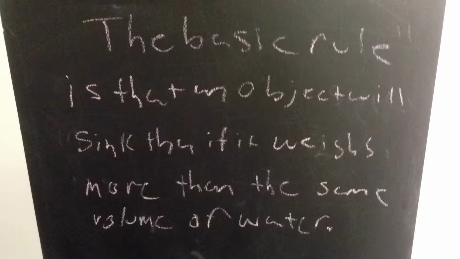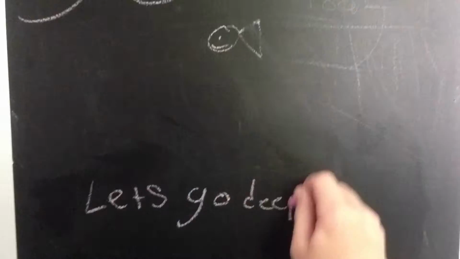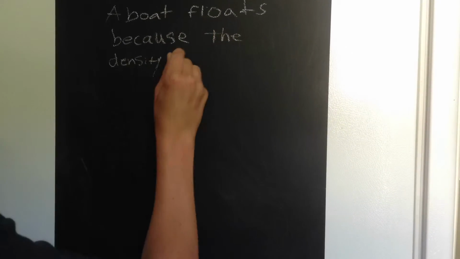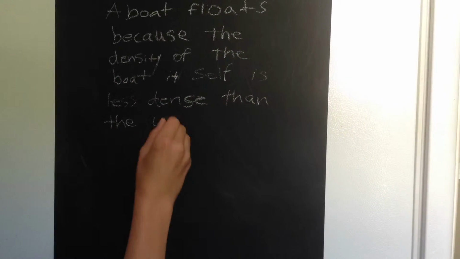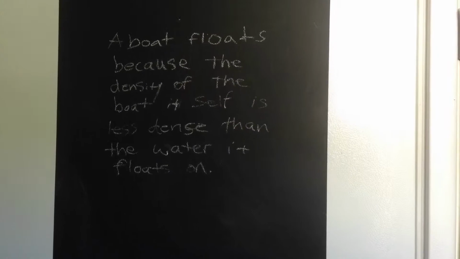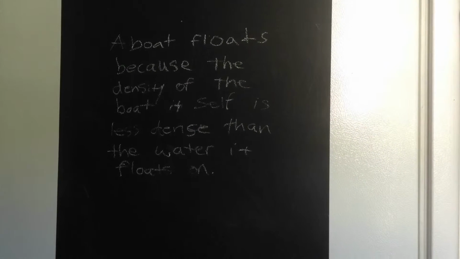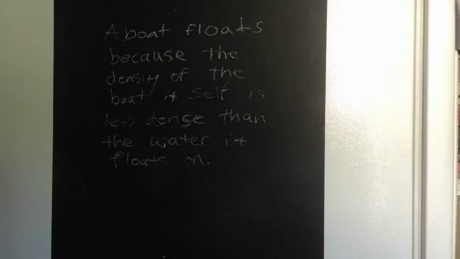The basic rule is that an object will sink if it weighs more than the same volume of water. A boat floats because the density of the boat itself is less dense than the water it floats on.